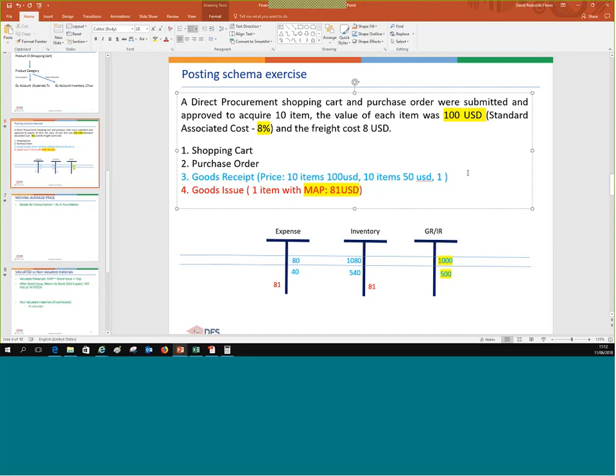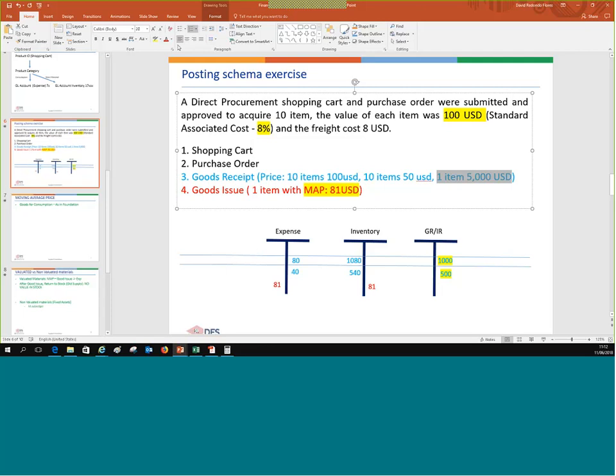And this item is very expensive, costing, let's say, $5,000, sorry.